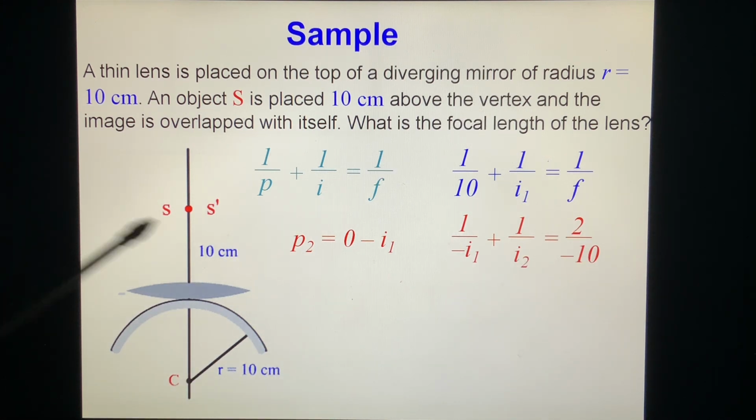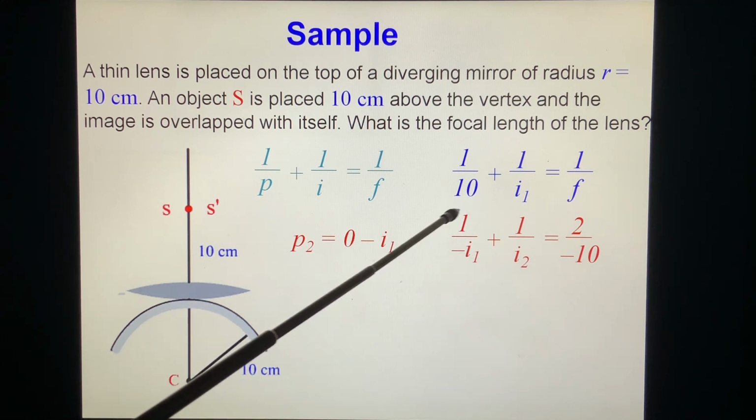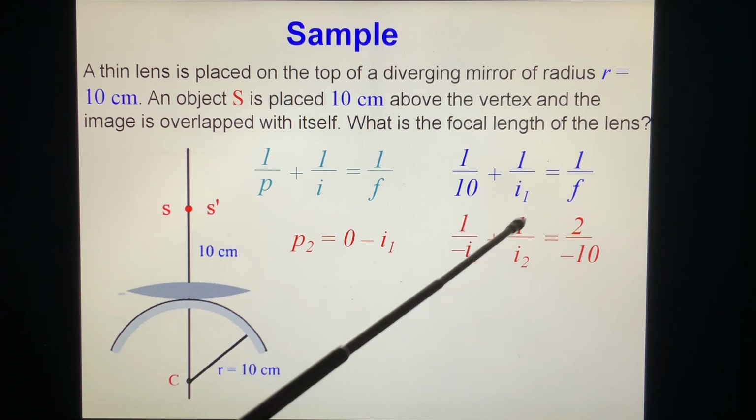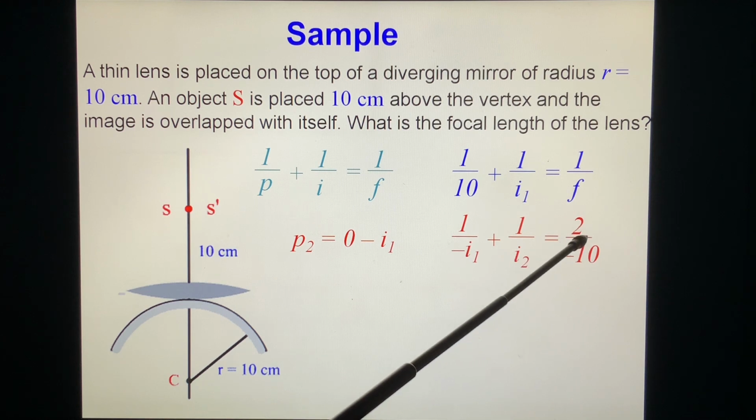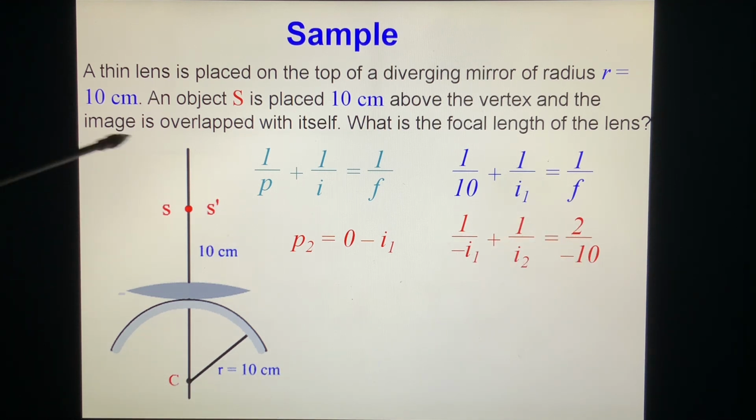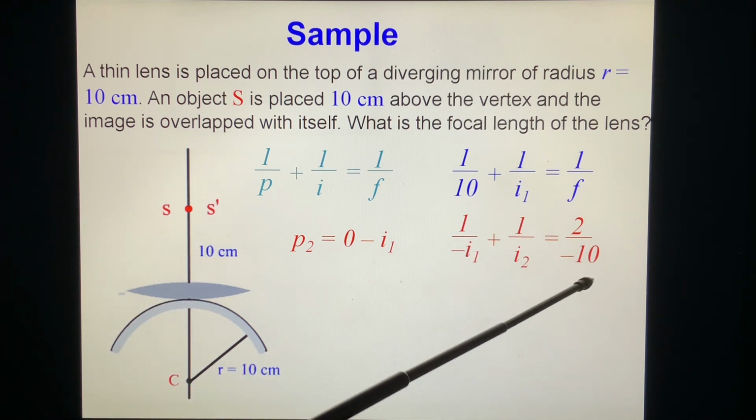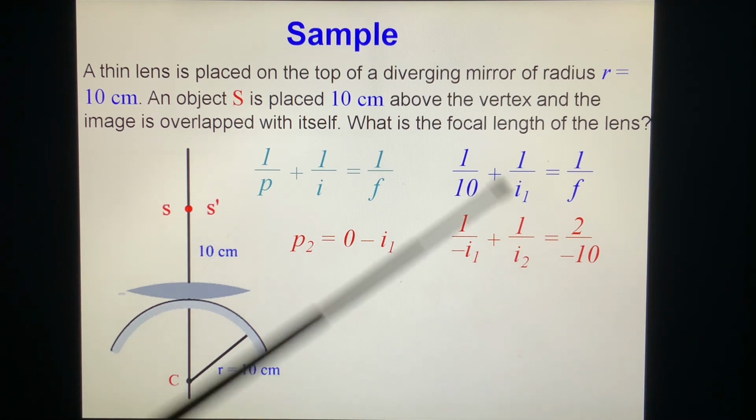Now question is, P2 is minus I1, 1 over P2 plus 1 over I2 equal to 1 over F2. The F2 equal to half R. Now question here, you go from here, this R, the center of circle is behind the mirror. So it is a virtual side. So in this case, F is minus number. So we have a minus 10. That's a key point. Okay. So in this case, we have this one.